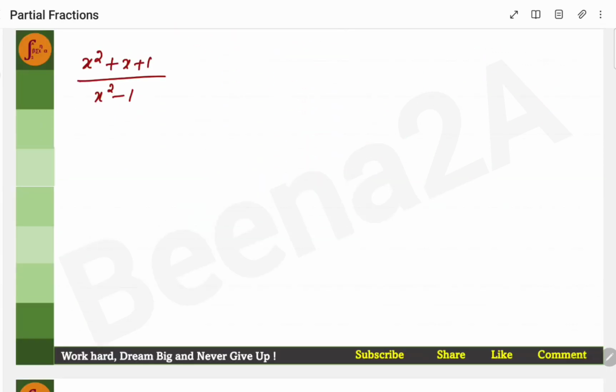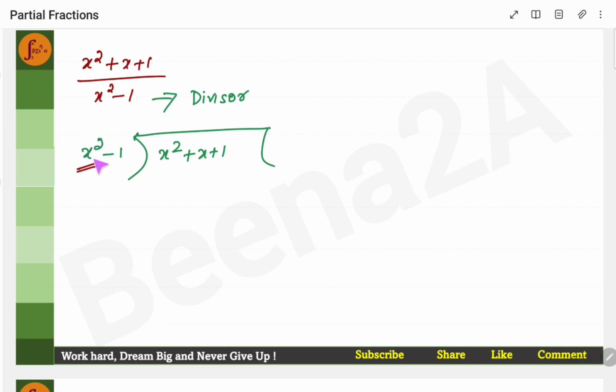In the division method, this becomes the divisor or the denominator, right? So we'll put x square minus 1 and then we put the dividend here, right? And now we'll have to perform division. So what we have to do is multiply this x square with some number so that we get x square.